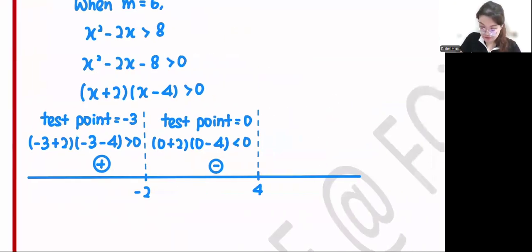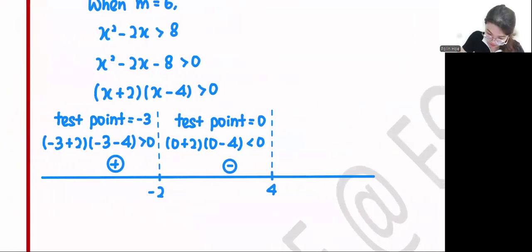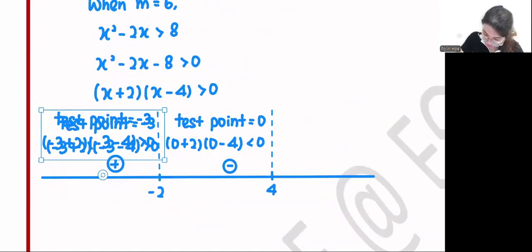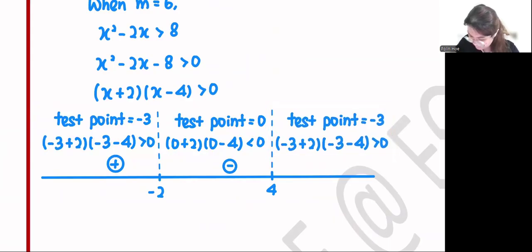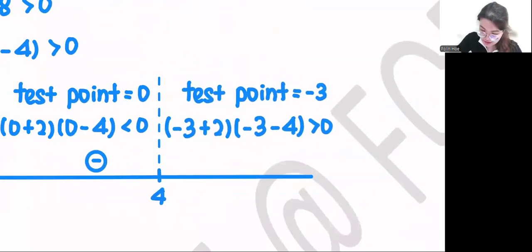Test point 0. After that, I have my test point bigger than 4. Maybe I use 5. This line is 4, bigger than 4, so I use a bigger one, I use 5. So here I got 5 and 5.